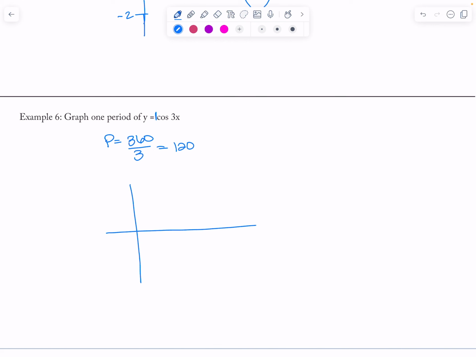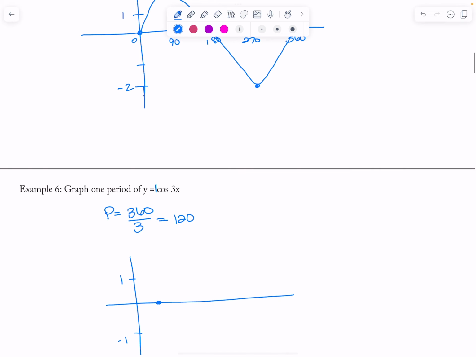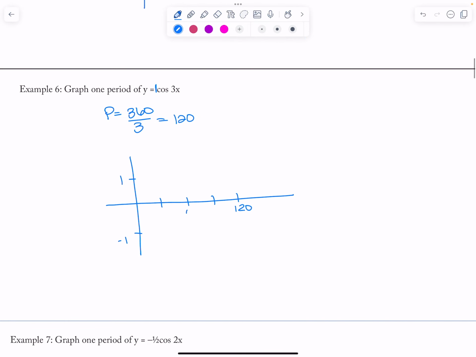So now I still go up to 1 and go down to -1, but now my markings, which are normally 90, 180, 270, 360, are 1, 2, 3, 4. I have to end at 120 degrees, so halfway between is 60. Halfway between 0 and 60 is 30, so then this makes this 90. So that's how I figure out what my graph looks like: I start just finding midpoints of my graph.